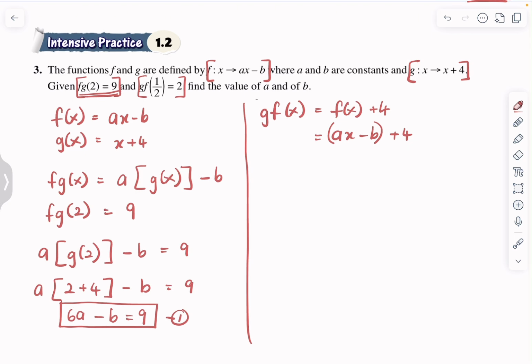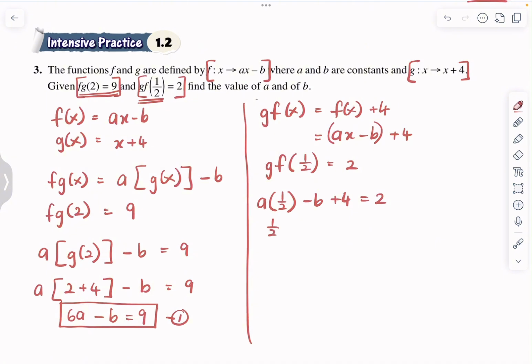Then they say gf(102) is 2. We have gf(x). Okay, so gf(x) is ax minus b plus 4. So gf(102) will be a times 102 minus b plus 4, equals 2.